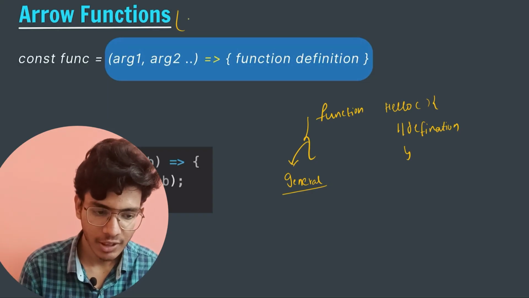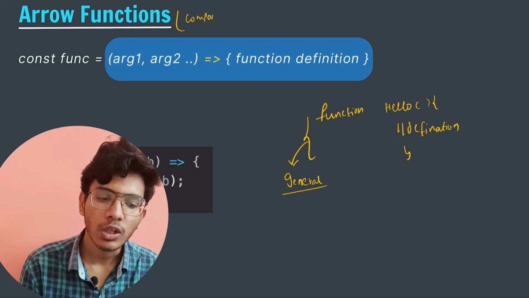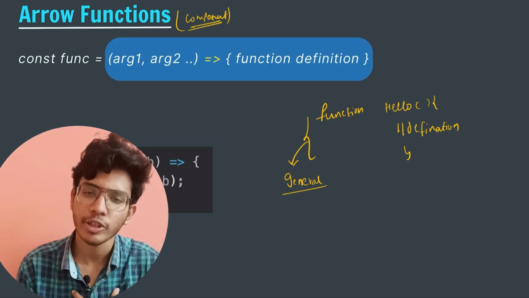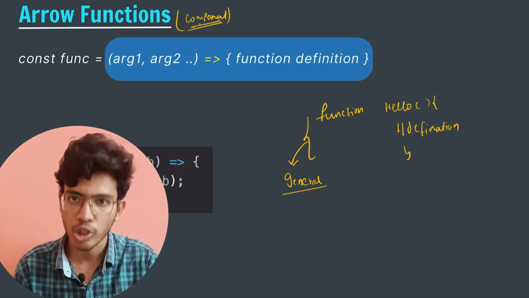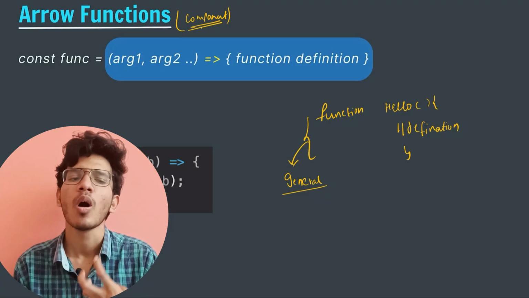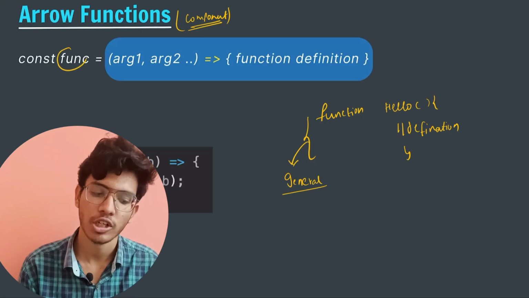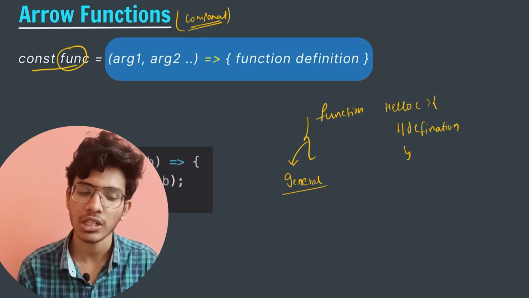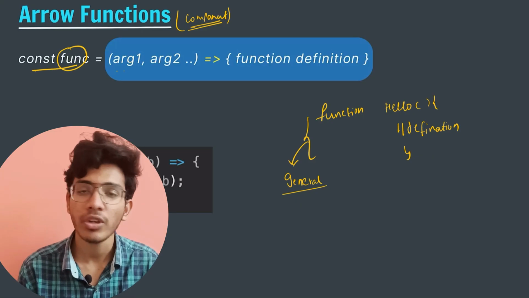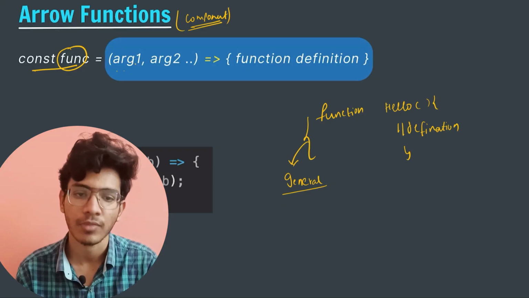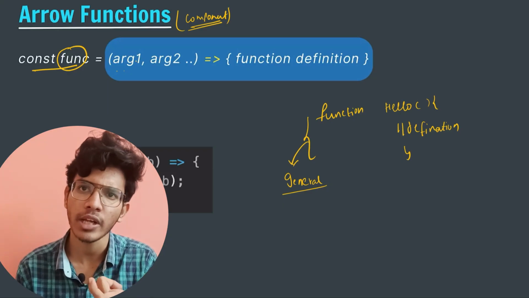The first point is that it is compact, and what we will do is store the structure, the return value, all the information of the arrow function in a function expression. We will create a function expression, and we won't give any name inside. For arrow functions we don't have any name.